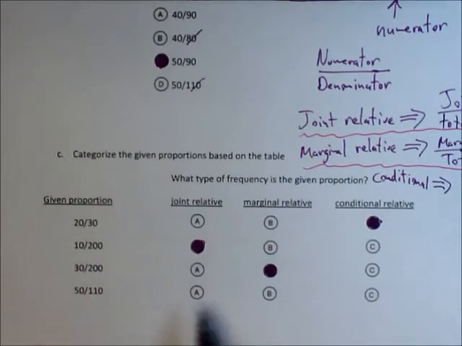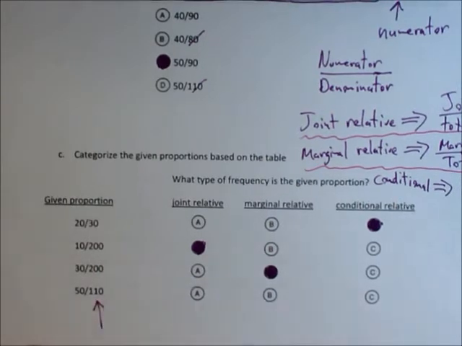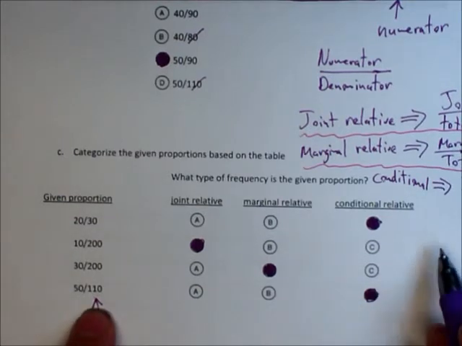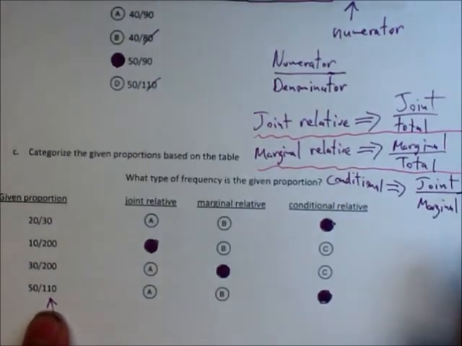Fill that in. 50 over 110. This right here is not a total. So really, the only one that has a denominator that's not the total is a conditional. So I don't even really need to look at the table, but I will. This is a conditional relative frequency because 110 is a marginal frequency.